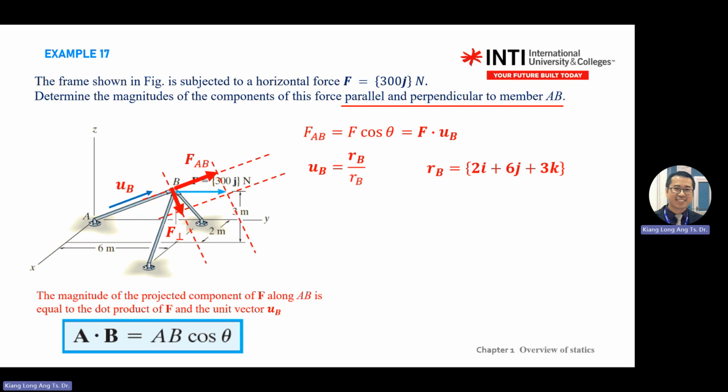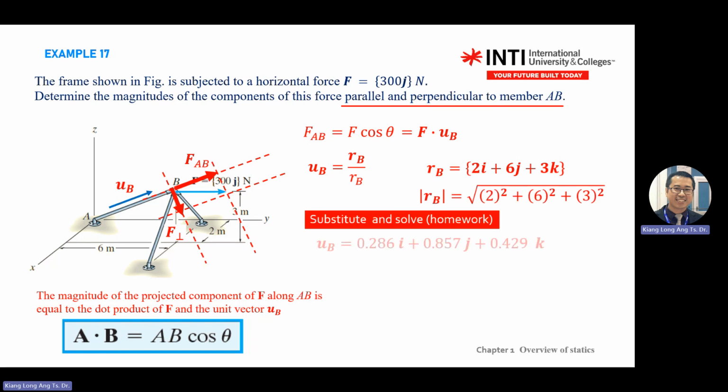So you have this one. Can you press your calculator? What is the magnitude? Huh? 7. Okay, so you get 7. You take this whole thing, put it here, divided by 7, and you get this answer.